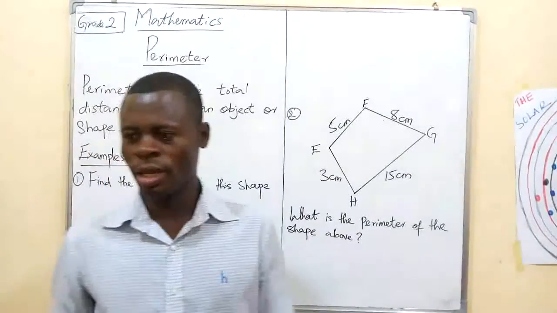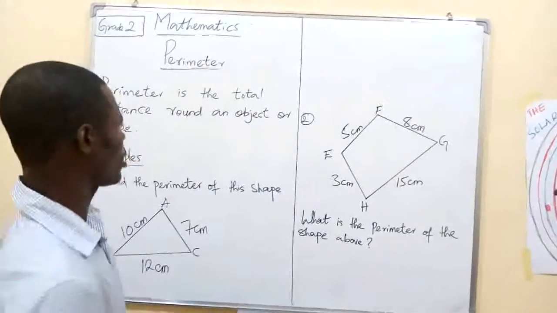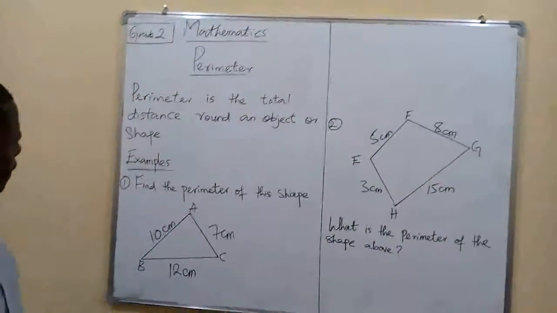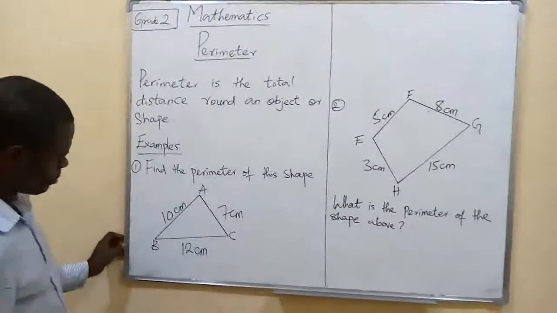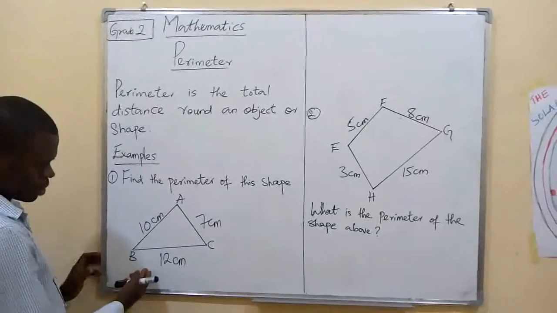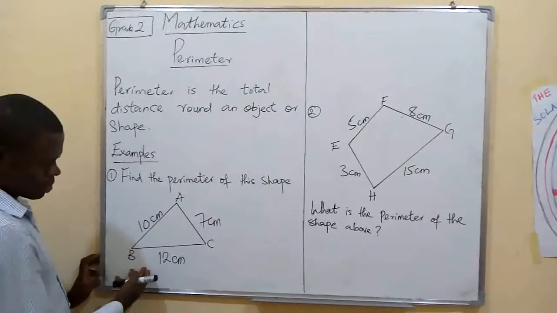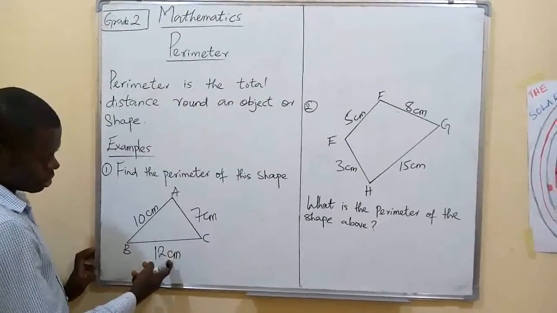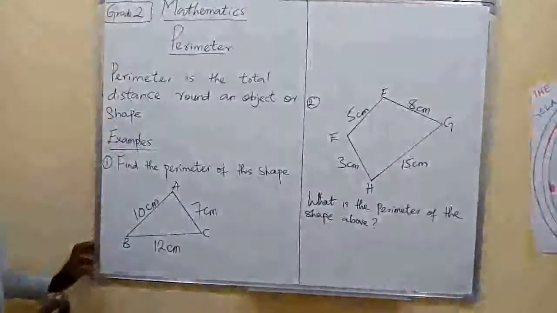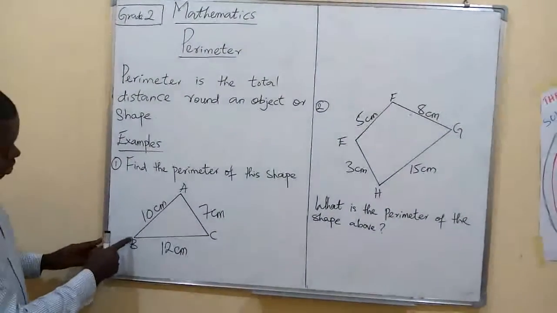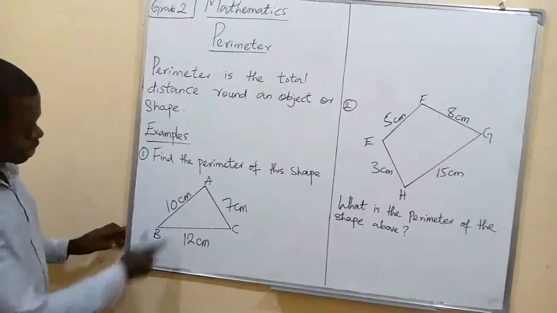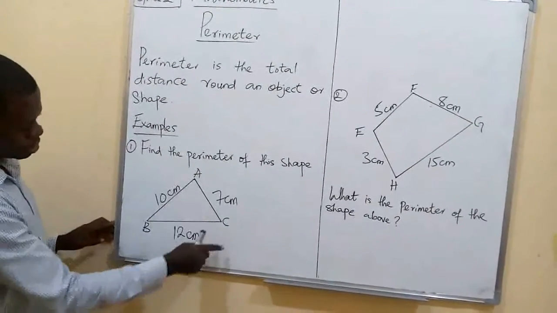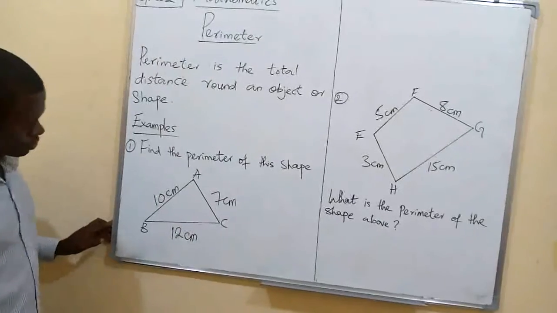We have a few examples here. Example 1: find the perimeter of this shape. What shape is this? This is a triangle. This is triangle ABC with sides AB, AC, BC.